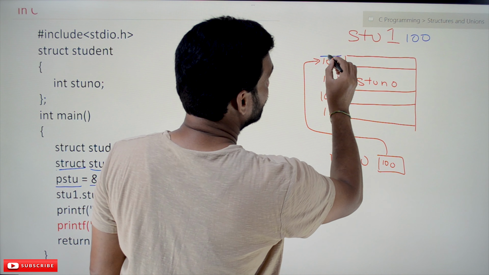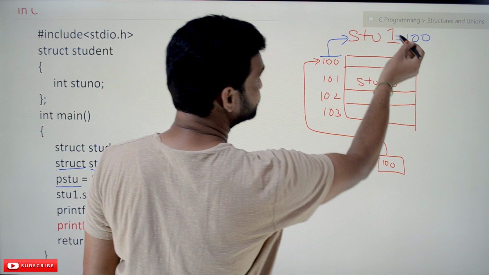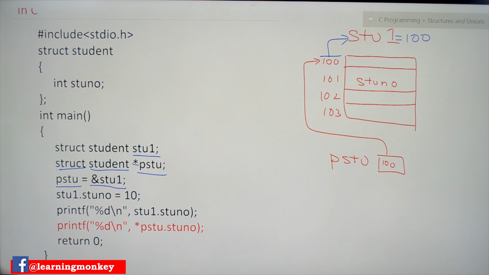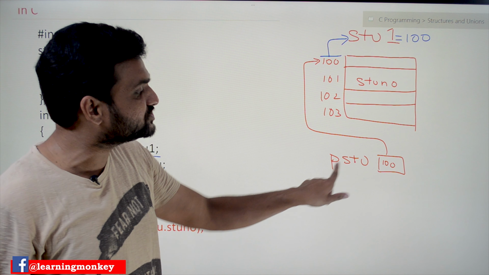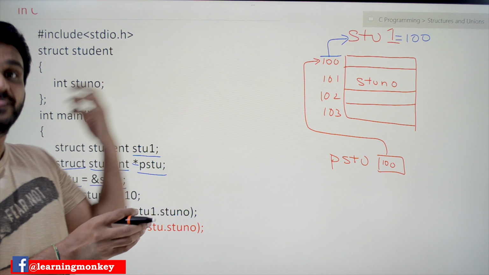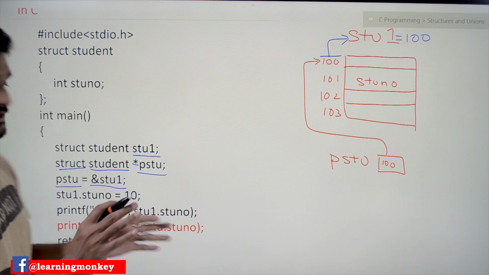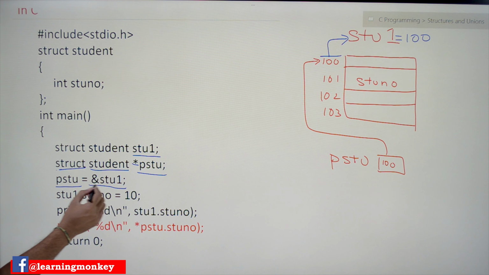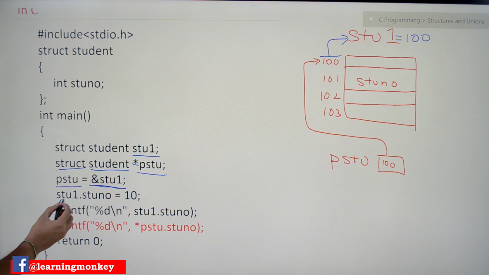The starting address of the memory allocation, which is 100, is now getting stored into p2, which is a pointer to a structure whose name is student. So now this assignment and pointing is done.